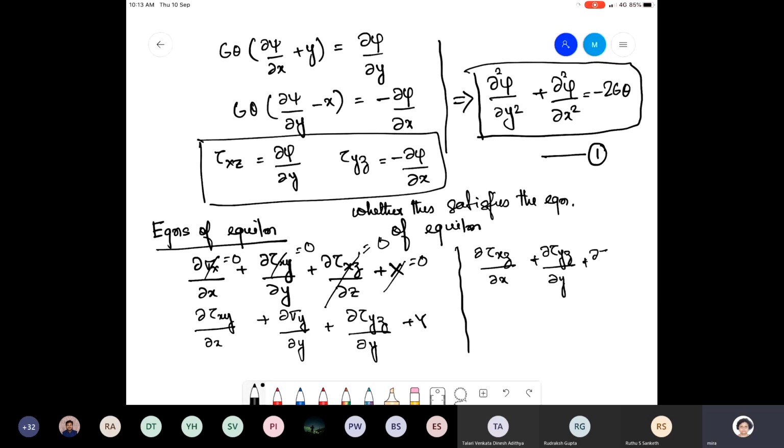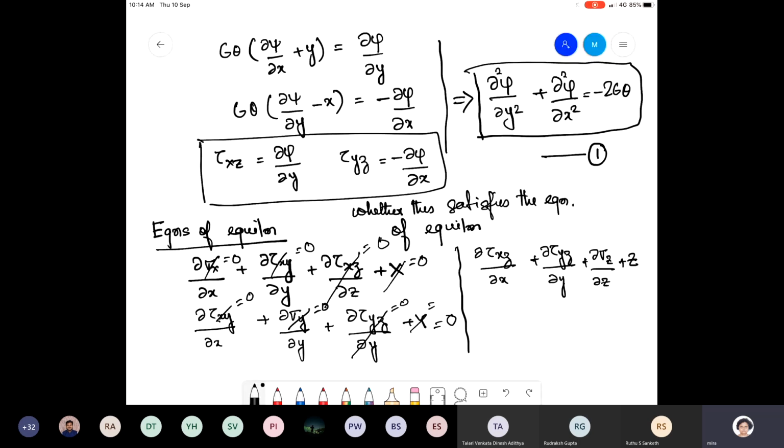Okay. So now let me look into the second equation of equilibrium, where tau xy is equal to 0, sigma y is equal to 0, and tau yz, being a function of x and y only, also goes to 0. So this goes to 0.